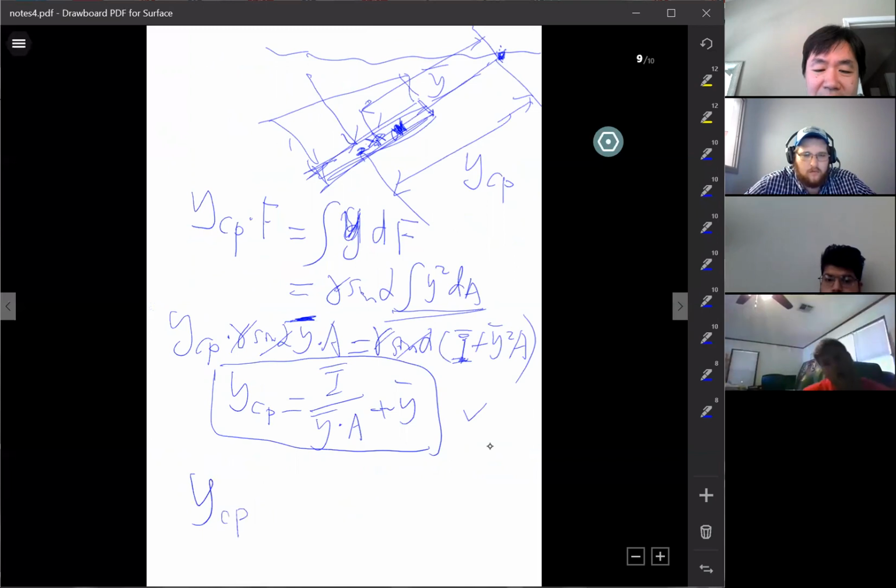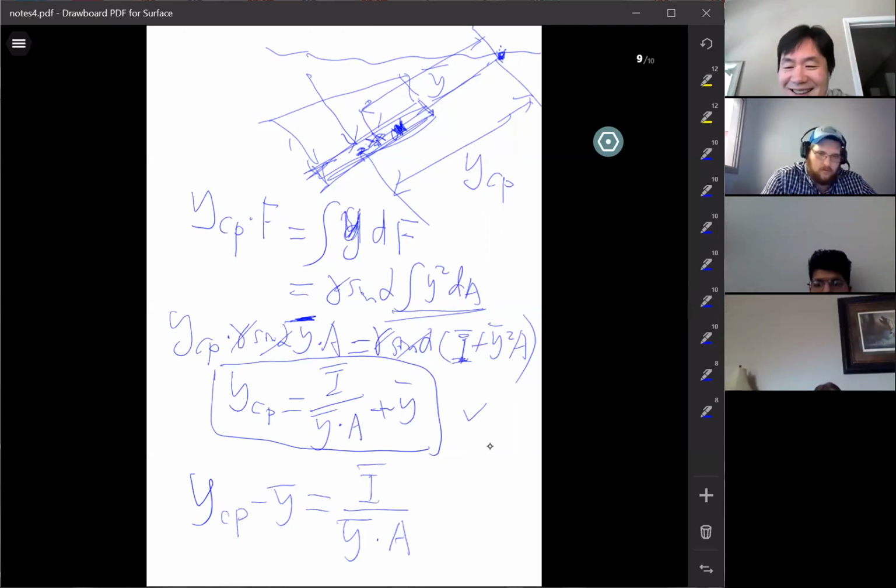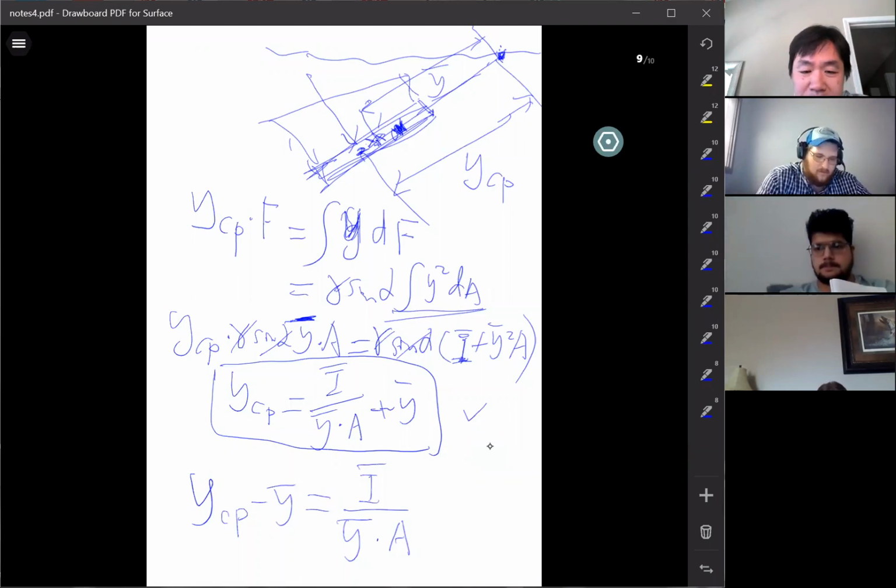YCP minus Y bar equals I bar divided by Y bar times A. Is that right? That's the same equation, right?